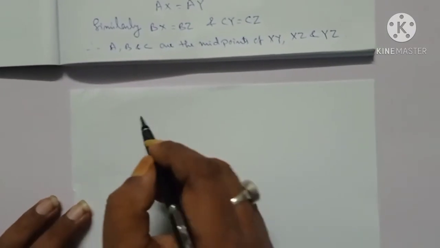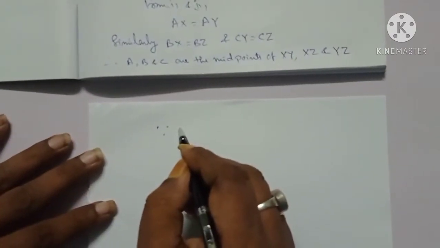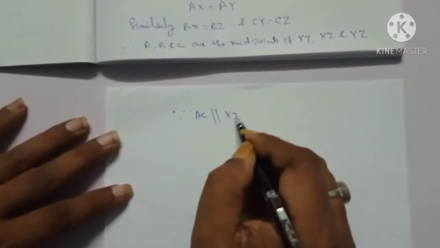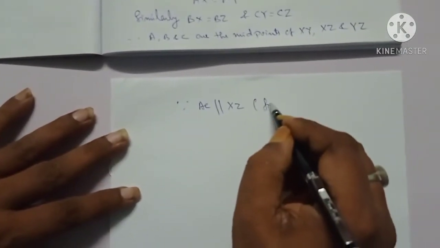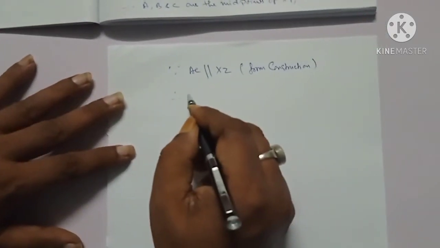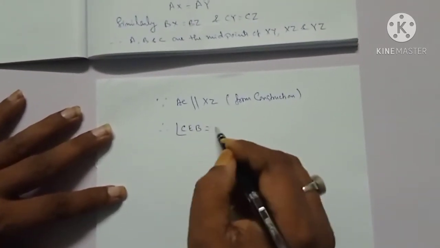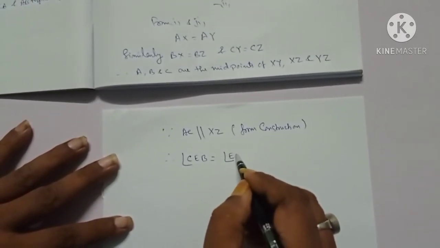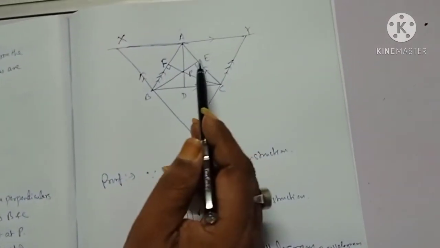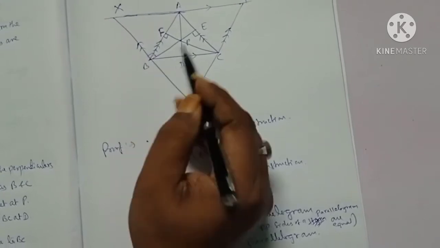Now you see that since AC is parallel to XZ, which we have got from construction, therefore angle CEB is equal to angle EBX, equal to 90 degrees, because they are alternate angles.